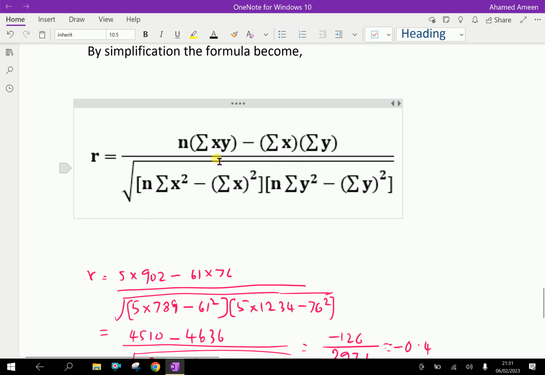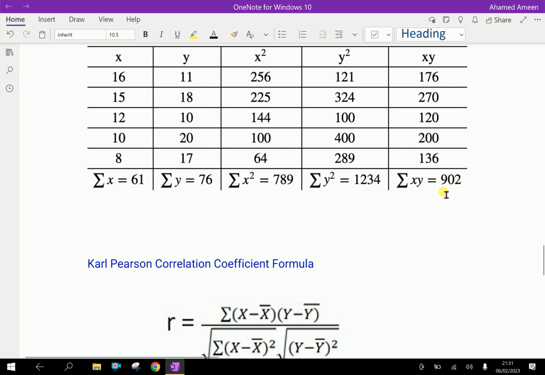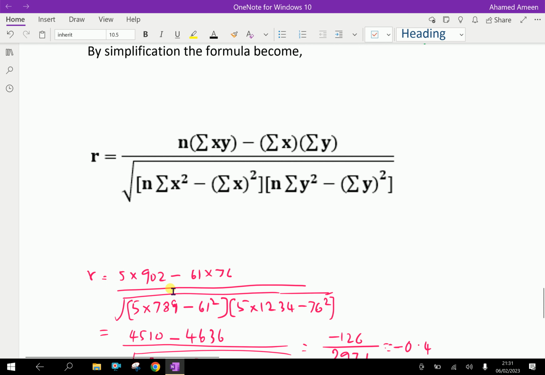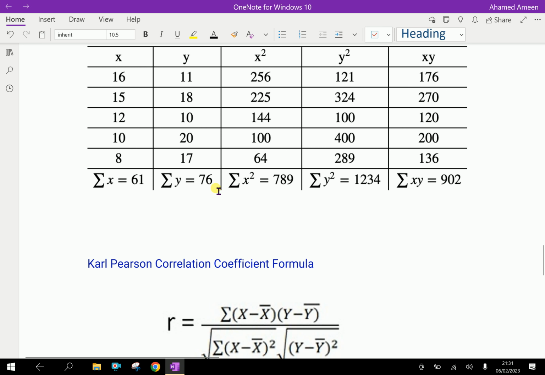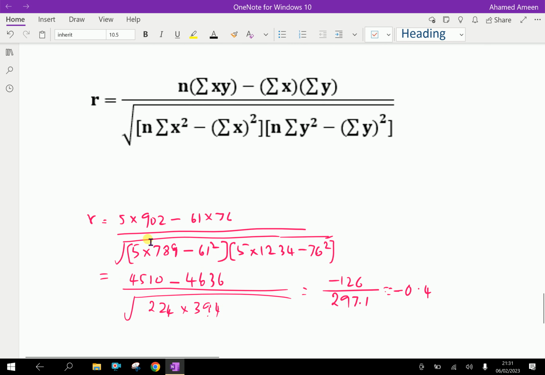Here, n into sigma xy: sigma xy is 902, so substitute 902 into 5, because n is 5. Sigma x is 61, sigma y is 76. Down below it is the same: n into sigma x square is 5 into 789, minus sigma x whole square, which is 61 square.